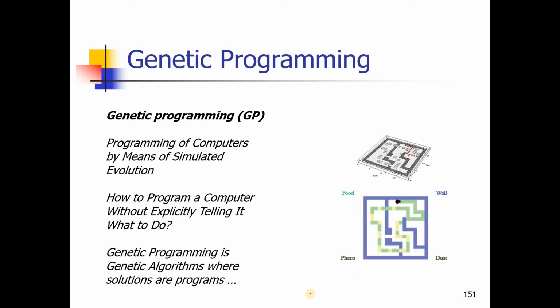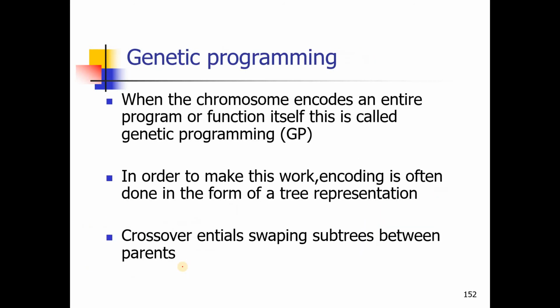We try to simulate how it will occur, telling the computer how to do something without explicitly programming it. The main point is that genetic programming is a genetic algorithm where the solution is a program itself.